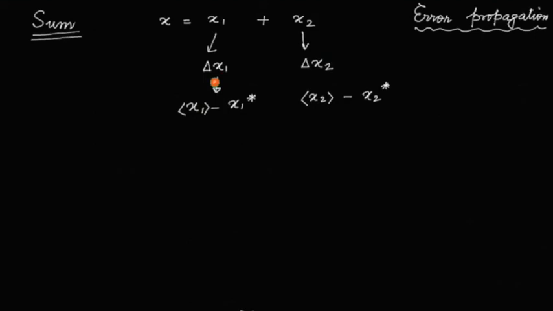The question you are asking is, what is delta x going to be? You know from your lab class that delta x is delta x1 plus delta x2, right? Again, I'm not writing relative errors or absolute errors, I'm writing just errors.